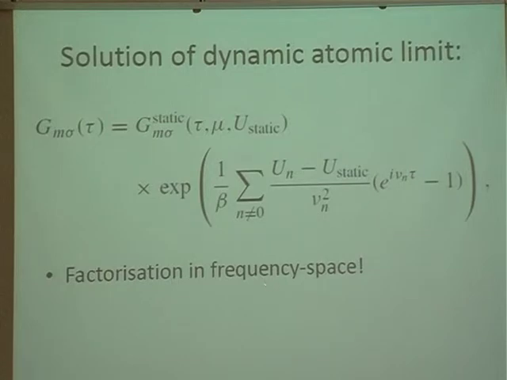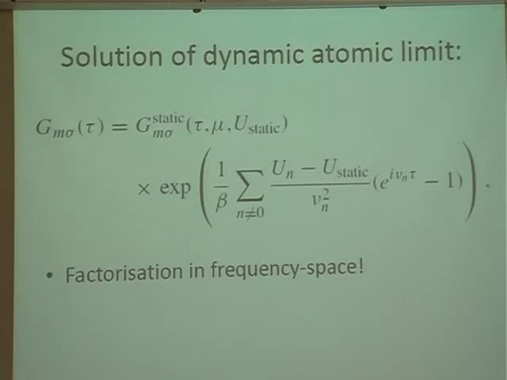This morning I reviewed my slides, and first I thought I made a misprint, but no, that's what I meant, because it means that this first factor depends only on the zero frequency component of U, and this factor depends only on the finite frequency components of U. And that's an exact property in the atomic limit.